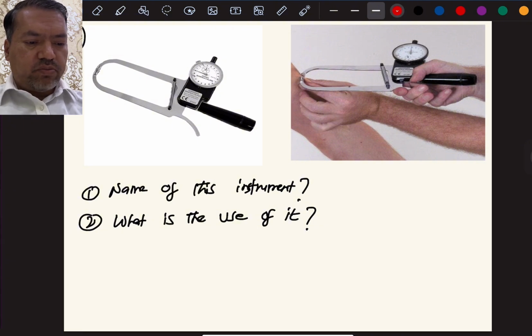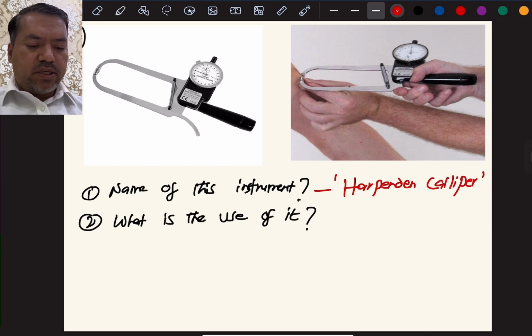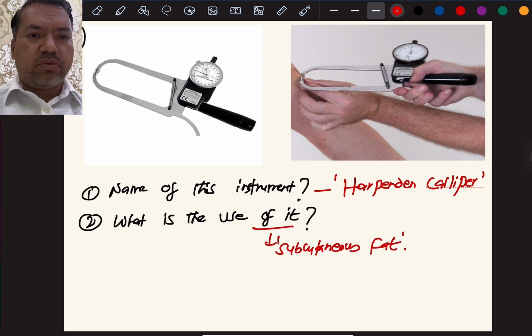The name of this instrument is Harpenden caliper. And this is mainly used for the measurement of subcutaneous fat. Because measurement of the subcutaneous fat is one of the anthropometric measurements we can use to see the nutritional status of the child.